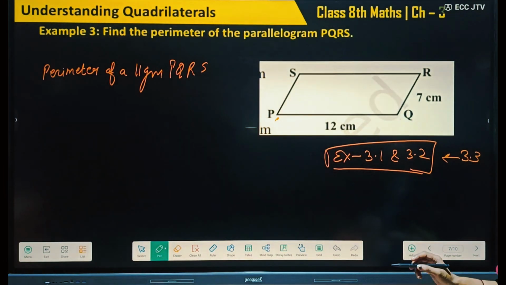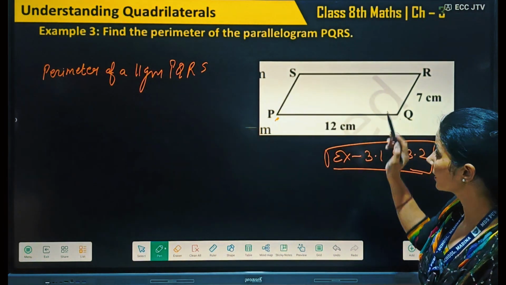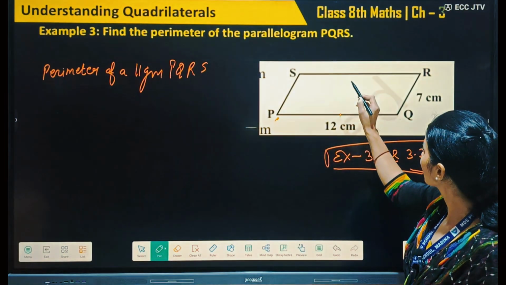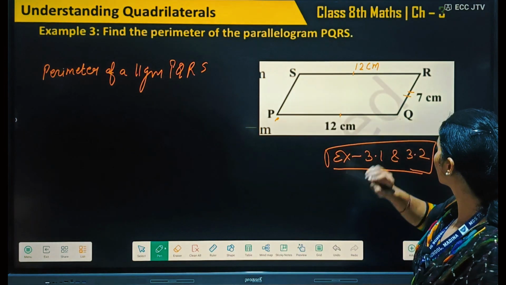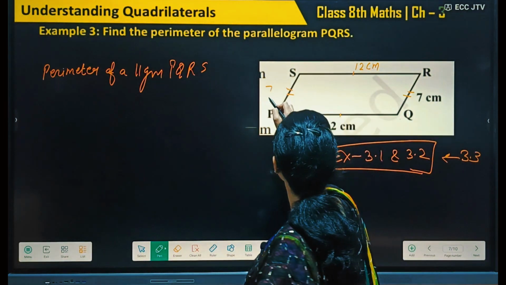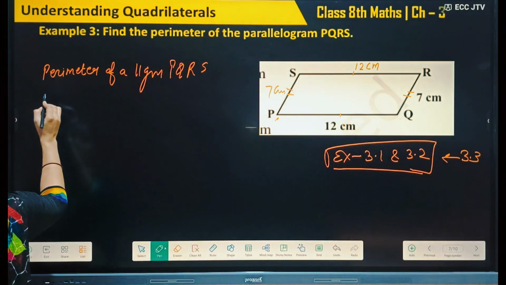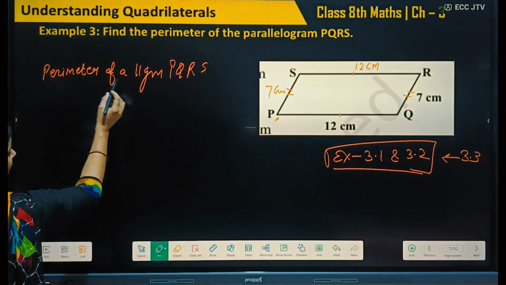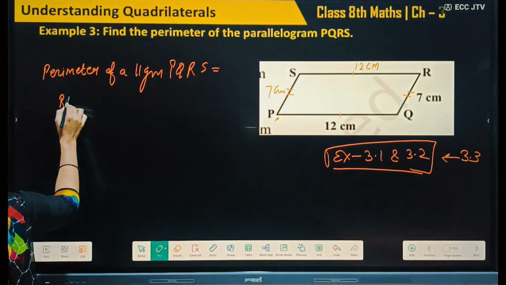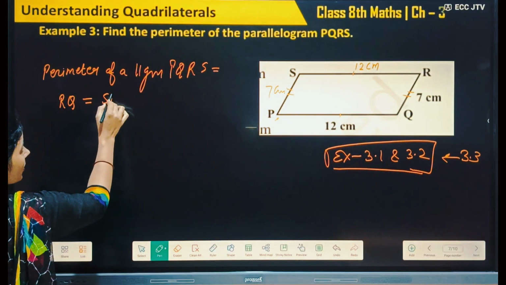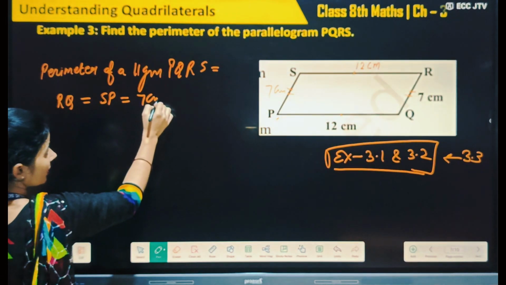So we will make use of the property of a parallelogram. In a parallelogram, opposite sides are equal. If it is 12, then it will be 12 centimeter, and if it is 7 centimeter, then it will be 7 centimeter. We know in parallelogram PQRS, this RQ side equals SP, meaning this SP is also 7 centimeter.